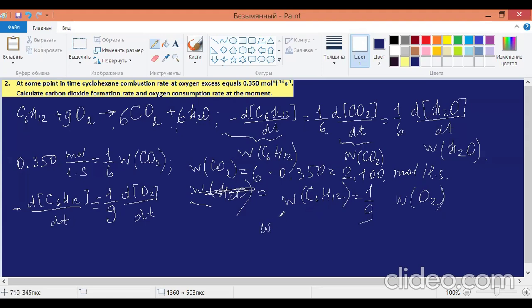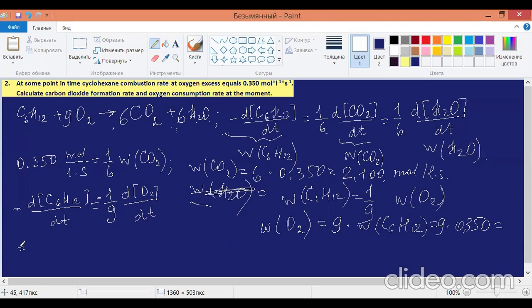In this case, we can write that the oxygen consumption rate is equal to 9 times the rate of C6H12. Let me get a calculator to do the calculation.